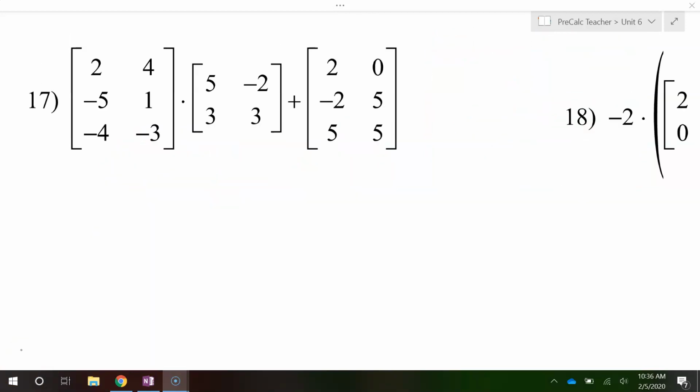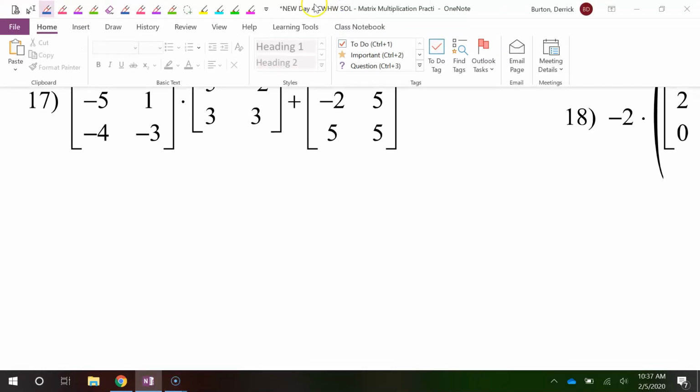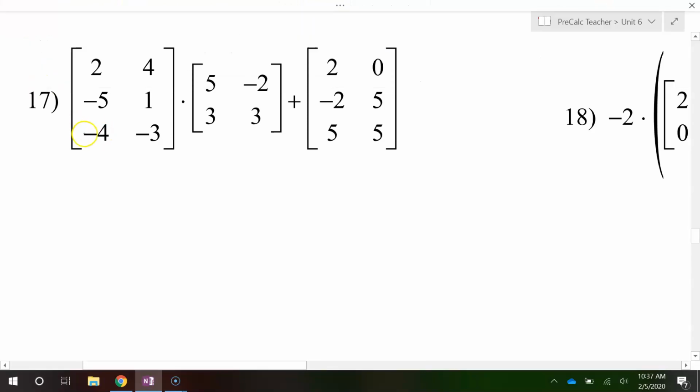For number 17, there are no parentheses, so I'm just going to use the order of operations, and multiplication comes before addition. So I'm going to start by multiplying these two matrices together, and then I will add at the end. It's a good idea to check first to see that the matrix multiplication is possible. The first matrix has the dimensions 3 by 2.